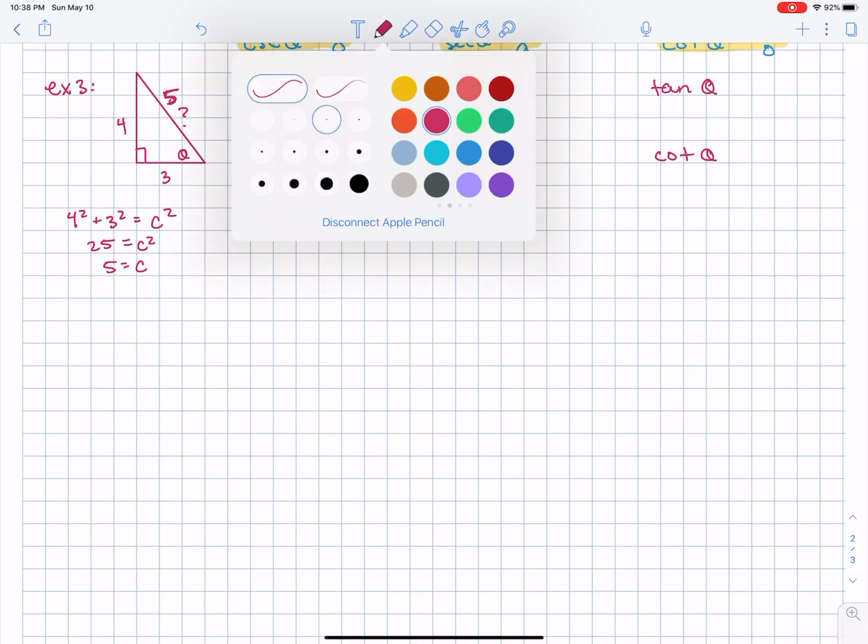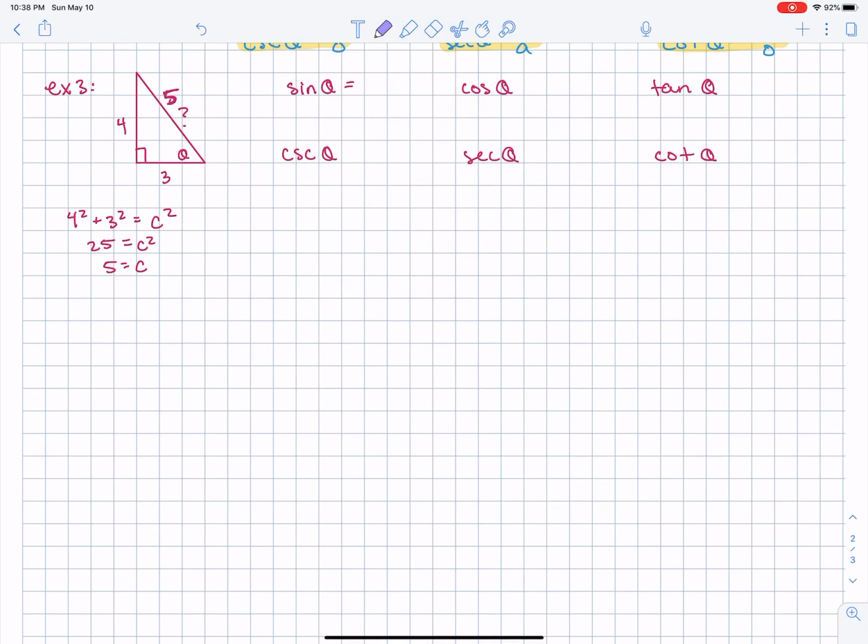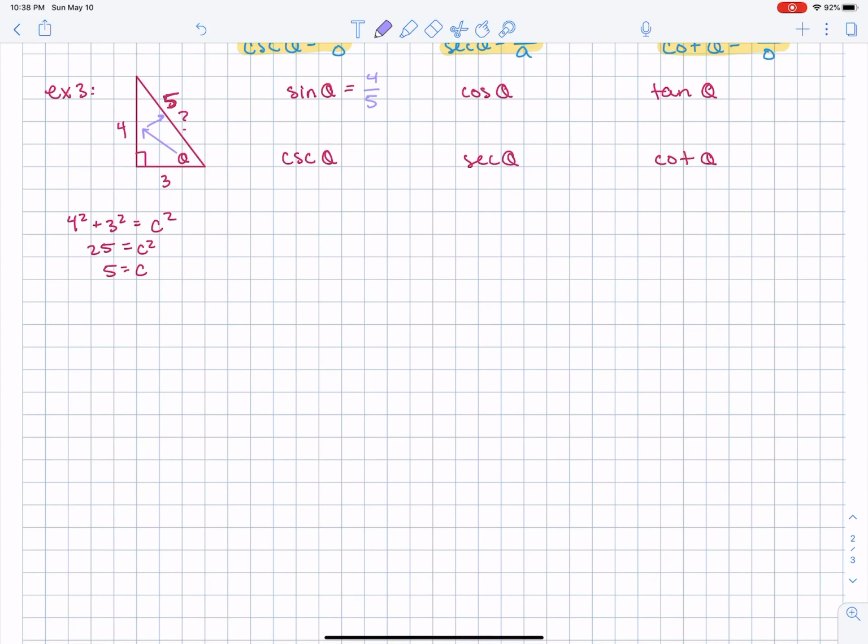Sine theta is equal to my opposite side over my hypotenuse. So 4 over 5. And now my cosine theta is equal to my adjacent side over my hypotenuse.